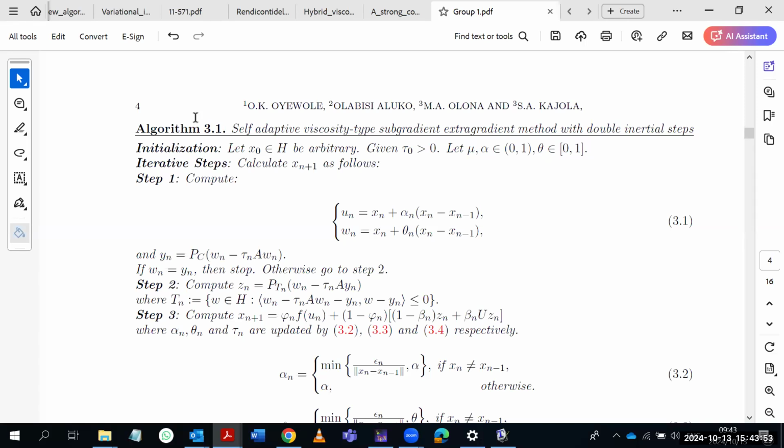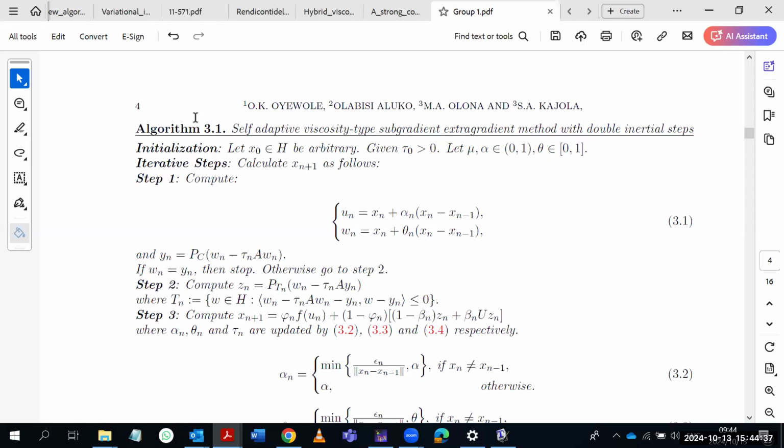But what is wrong there is that this iterative algorithm always has two initial points. If we want to calculate un, for instance, what will u1 be? To get u1, you are going to have x0 plus alpha 1 into x1 minus x0.